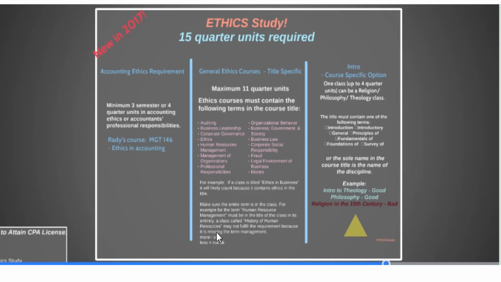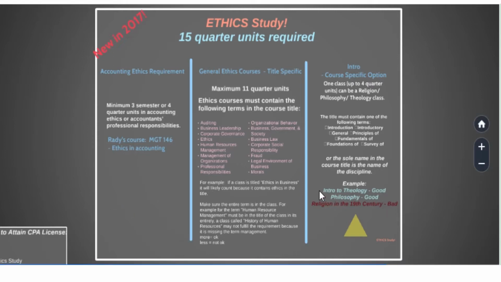And please note that these have to be specific in their title, meaning that if for whatever reason you take a class that only has leadership in it and it's not considered business leadership, that's not going to count. And we're giving some examples below here as to what could count and what would likely not count.